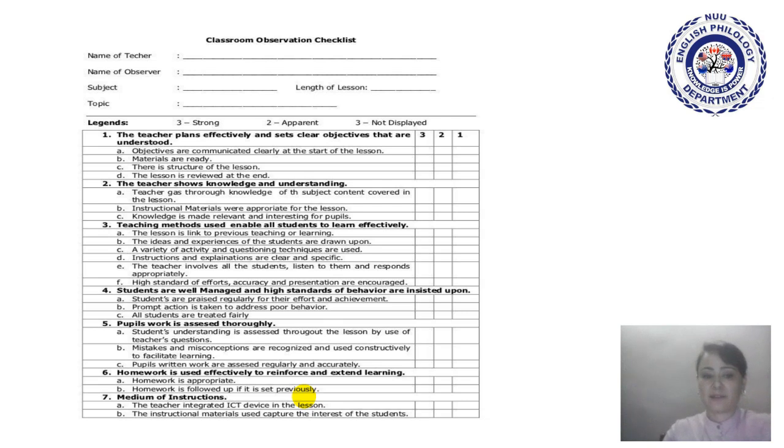Mistakes: does the teacher listen to the mistakes and use them constructively to facilitate learning? Are pupils' written work or their speech assessed regularly and accurately? Everything should be given with marks: strong, normal, or not displayed, or like this.